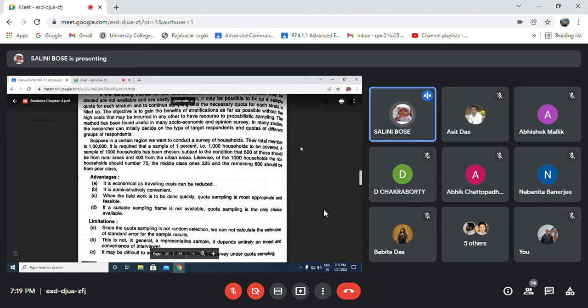Here you have given a condition that 600 of 1000 households must be from rural, 400 from urban, and another condition is also given, suppose 75 are rich, 325 will be middle class, remaining will be 600. So these conditions are given here, but in stratified they cannot be given.